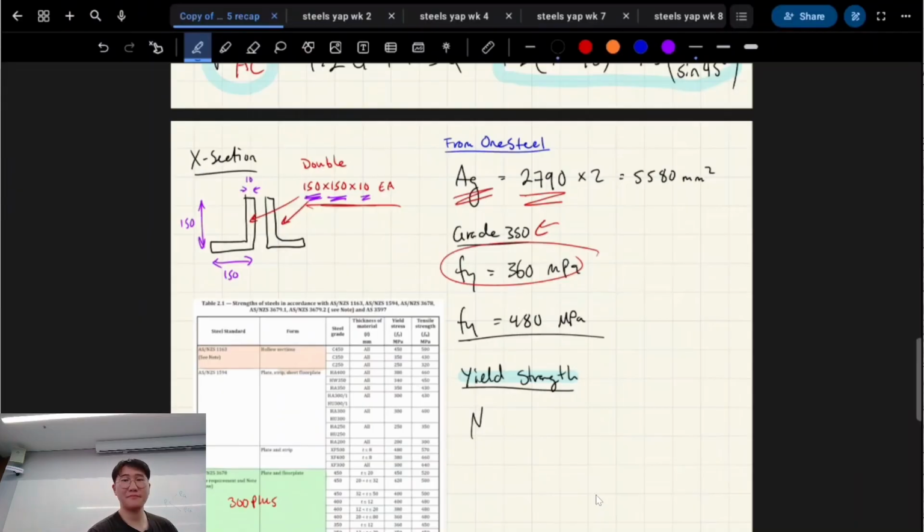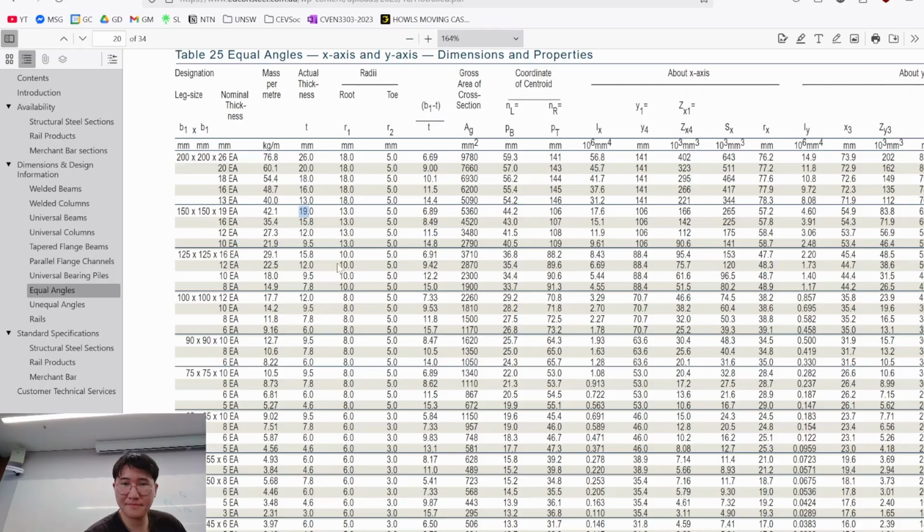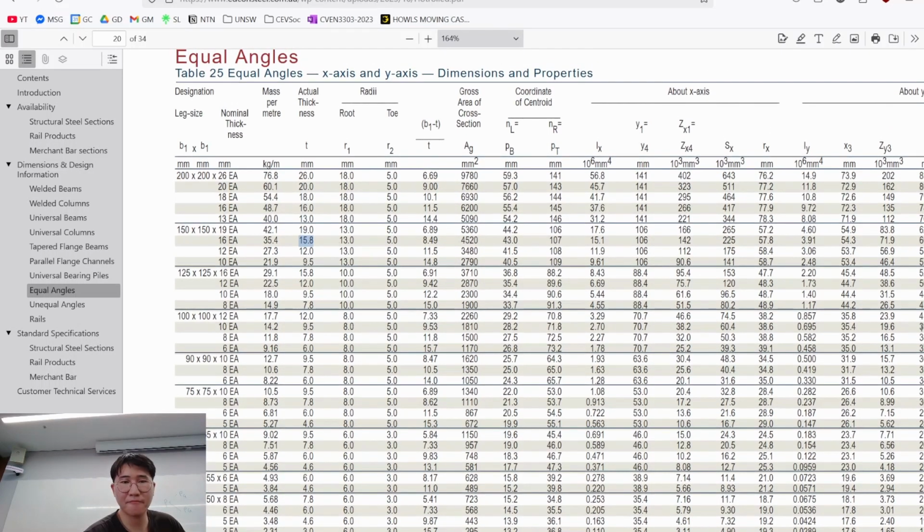Okay, wait, so there are slight differences because in that table, the 16 one had 15.8, whatever. Why is that? Because the steel products aren't always exact, like a 610 UB.